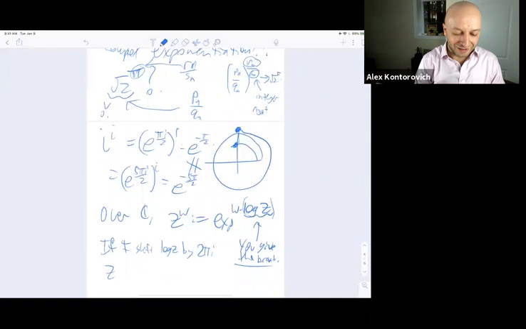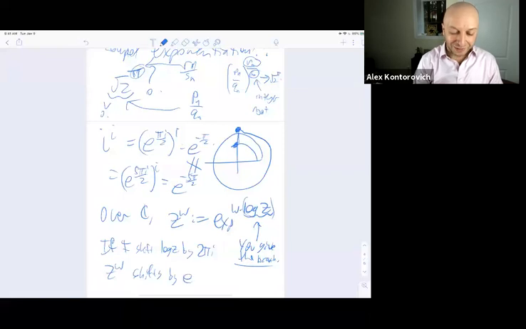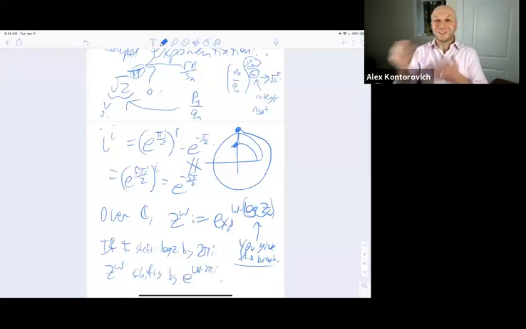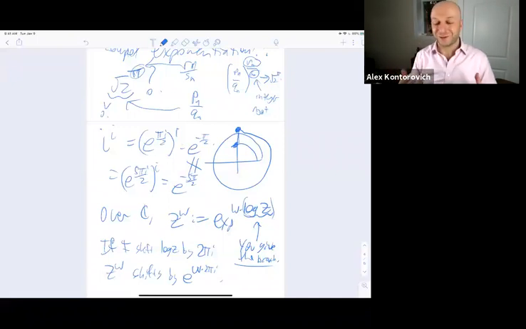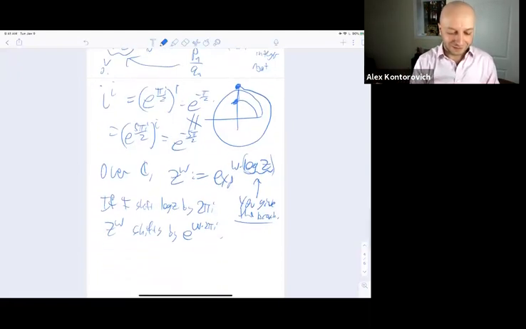The value z to the w shifts by a factor of e to the w times 2 pi i, which depends on w. So now you're really in trouble. If you don't choose a branch cut, you're really in trouble. You can't just say up to multiples of 2 pi i. It completely changes the meaning of these things. So it's essential that you choose a branch cut before you speak of exponentiation.